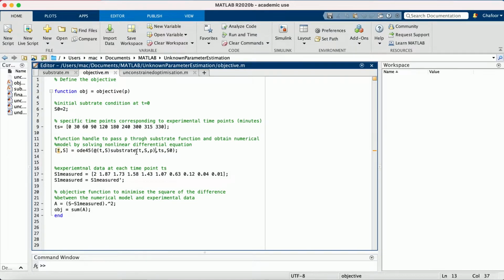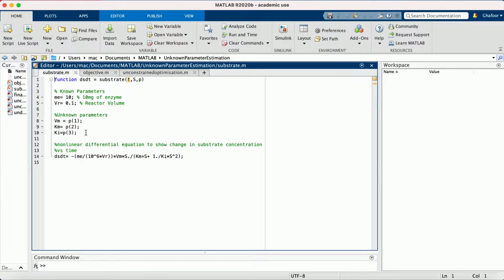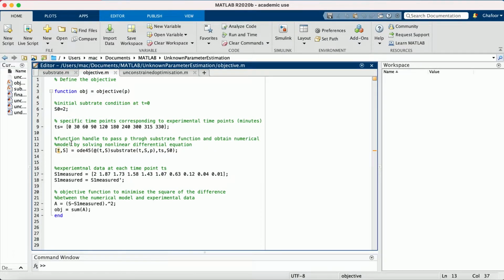We've created a function handle to call upon this function file here, and it passes the parameter values through the substrate function, and we can obtain a numerical model to solve the nonlinear differential equation. The experimental data at each time point is also given. And then we set up an objective function which looks at the sum of the difference between the numerical model and the measured data squared.